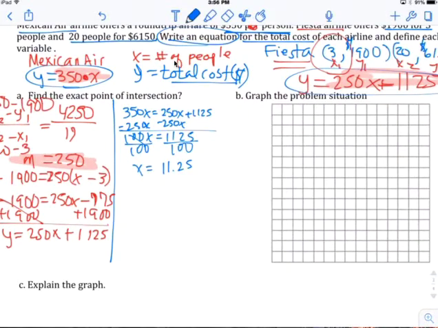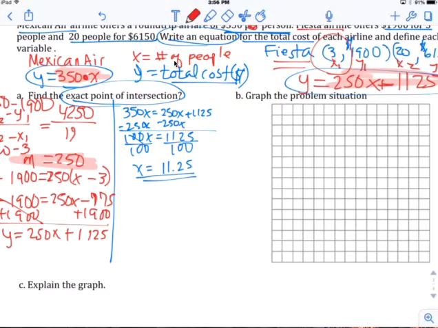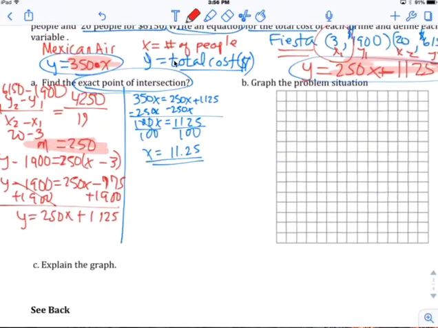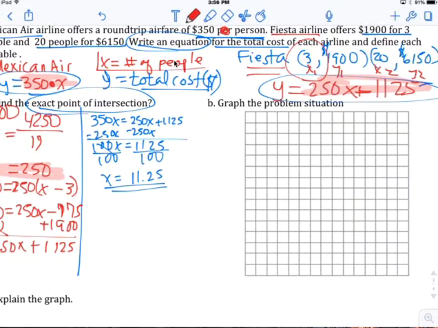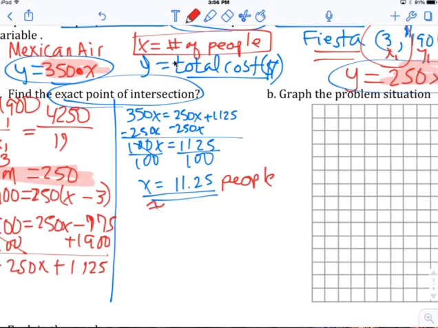You want the exact point of intersection, so we need to use this. How much does it cost? X represents the number of people. So basically 12 people. We explain it as 12 people. So we're going to round this to 12 people, okay?